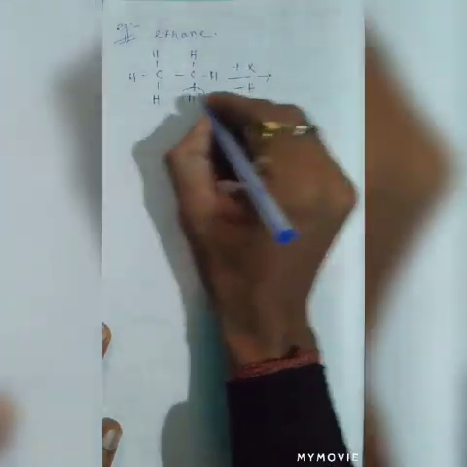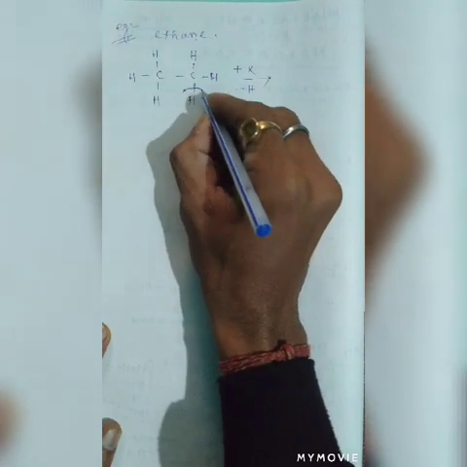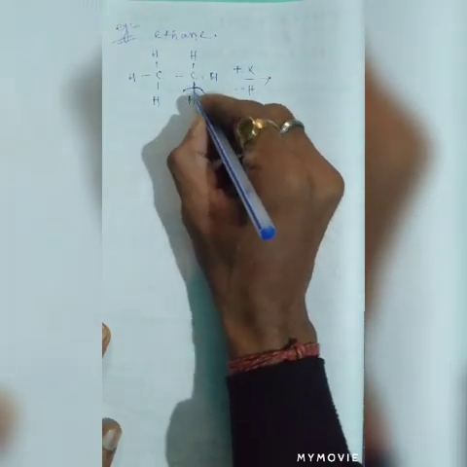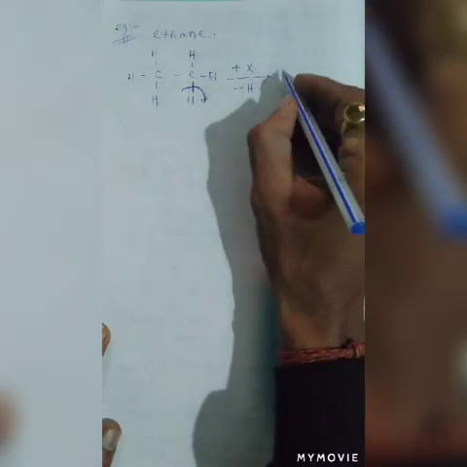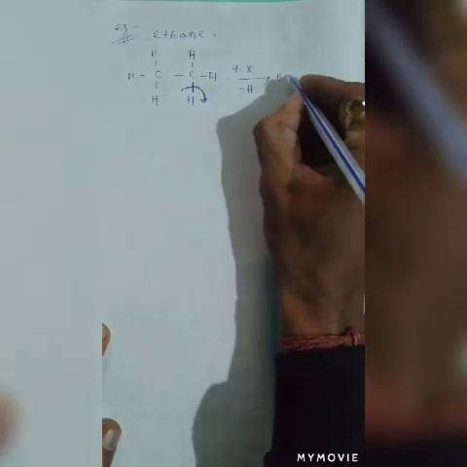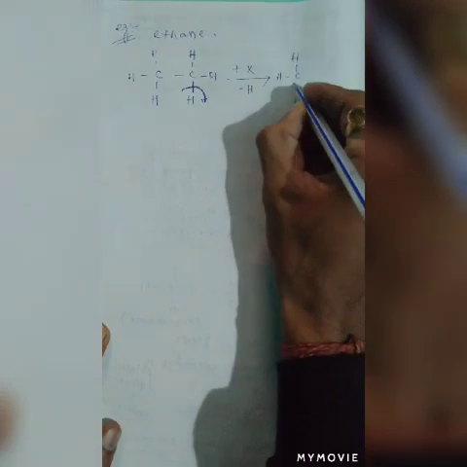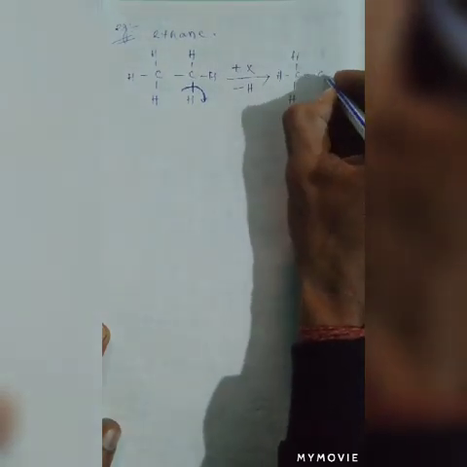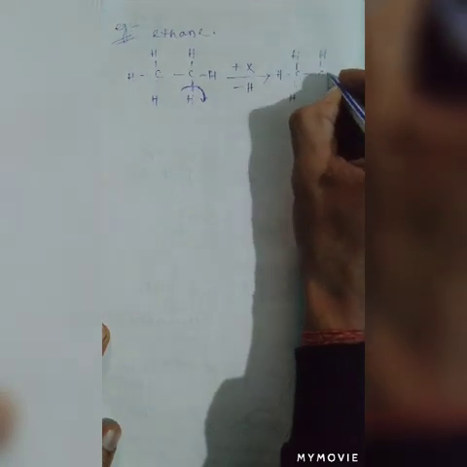Here I remove this hydrogen atom and attach this X group in the place of this hydrogen atom. Then the haloalkane is formed.